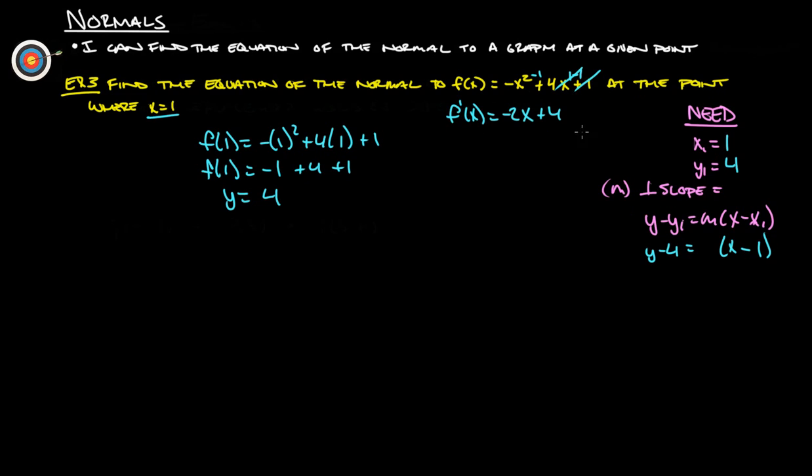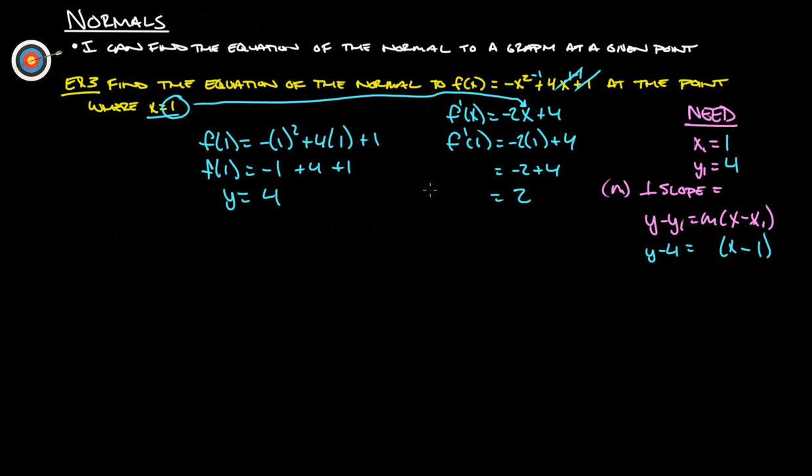Now we plug 1 in for our x in this derivative, and that will tell us what the tangent slope is. So f prime of 1 equals negative 2 times 1 plus 4, which is negative 2 plus 4, giving us 2.